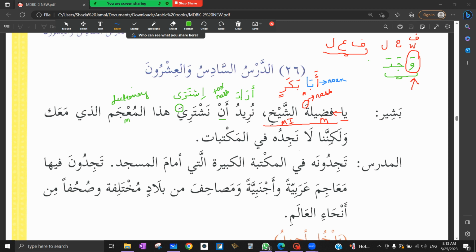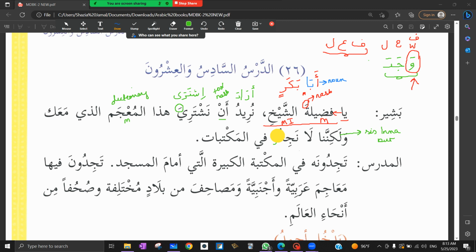Walakinnana, but we don't. Walakinna is from the sisters of inna, and it means but. Lakinnana, but we don't, la najidu, we don't find it.